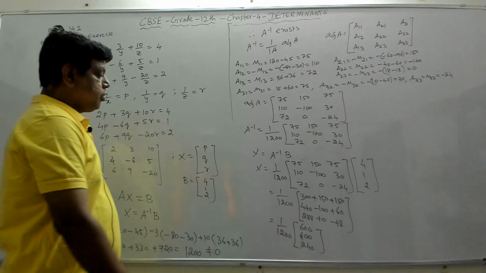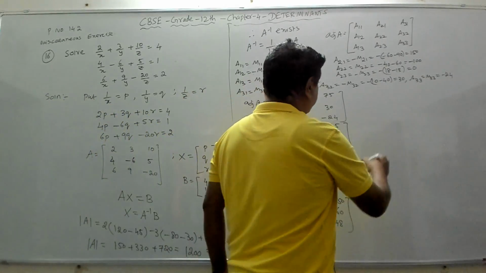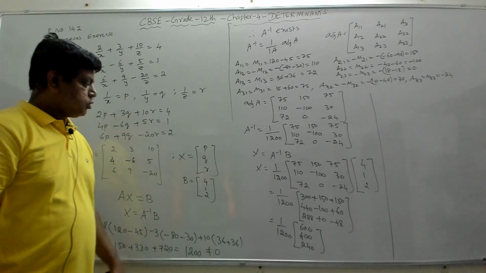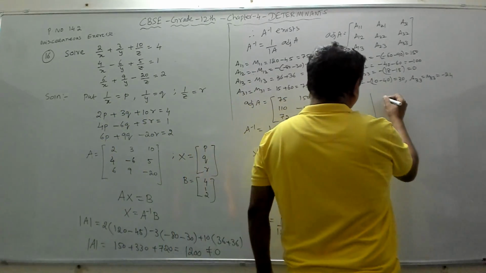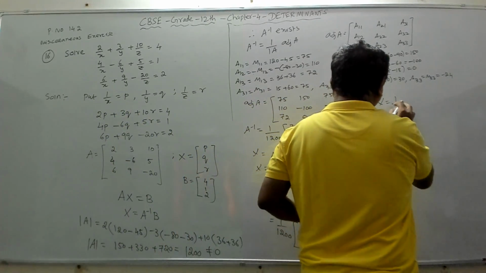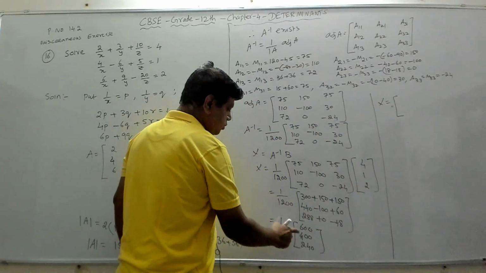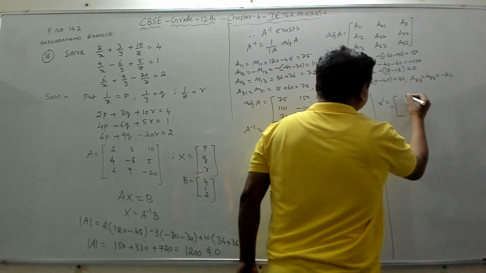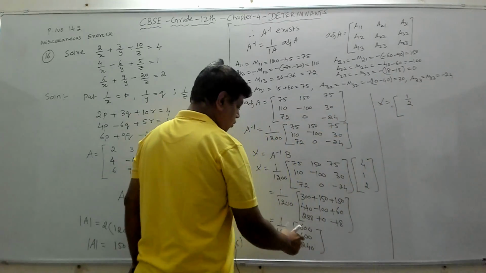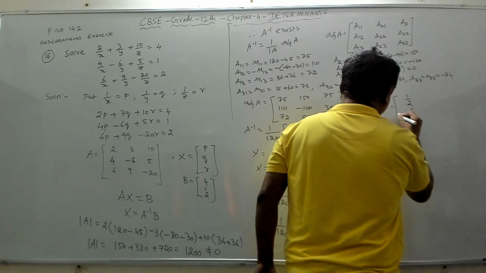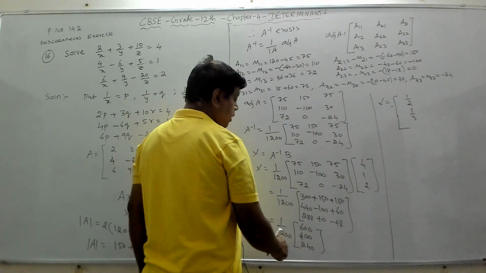Fine. Now if you divide them by the element, I am writing the continuation here. So your X matrix becomes 1 by 1200 taken inside. If you divide each element by 1 by 1200, 600 by 1200 is 1 by 2, then 400 by 1200 is 1 by 3, then 240 by 1200 is 1 by 5.